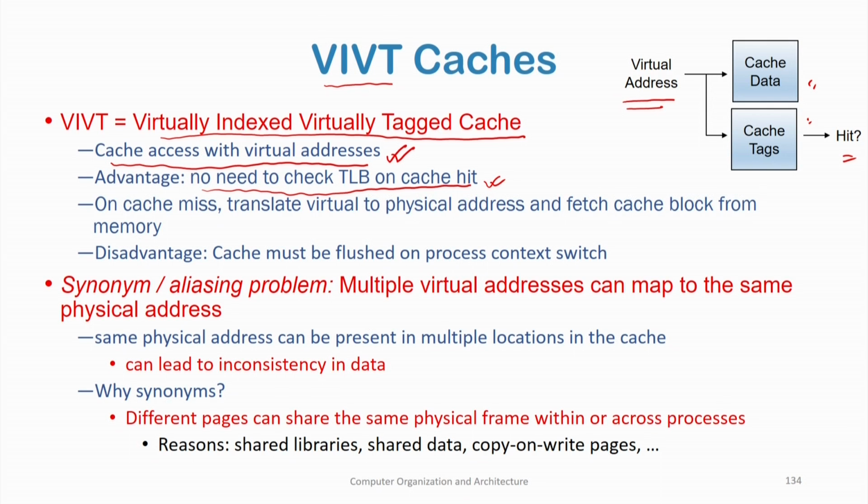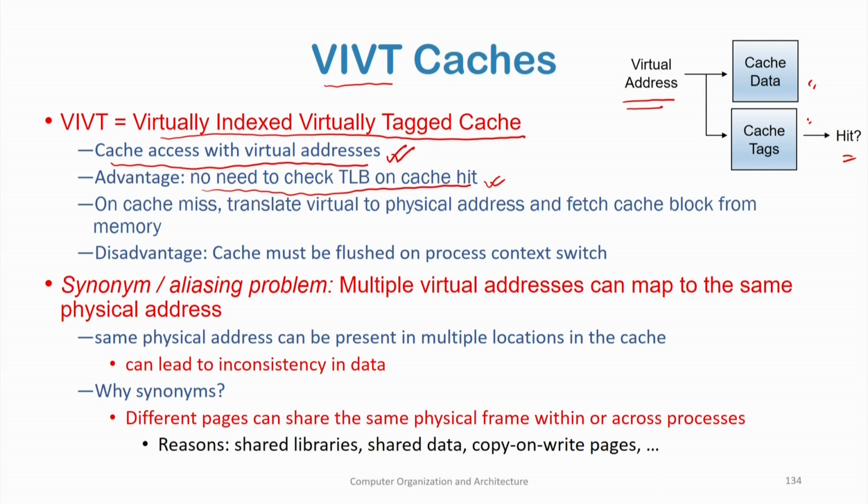So, I directly understand whether, for the virtual address generated by this process, the cache contains my required data or not. I do not need to go to the TLB to get the physical address.